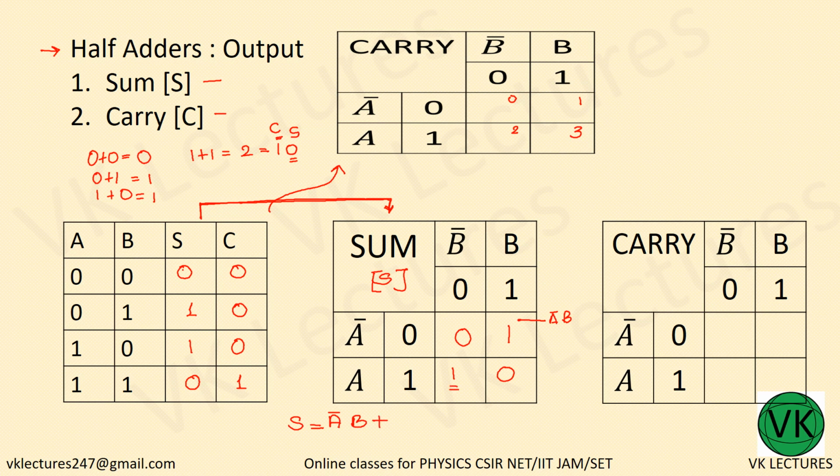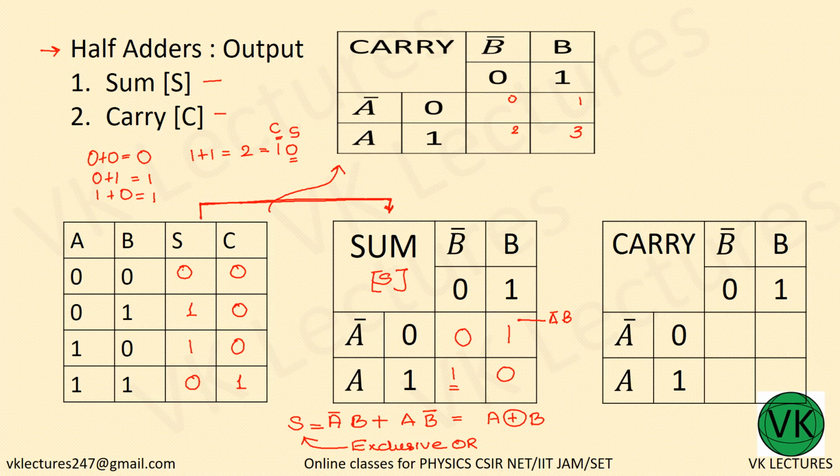This is equal to A B bar. Now this output is nothing but A XOR B, that is exclusive OR. So this sum is provided by the exclusive OR gate.